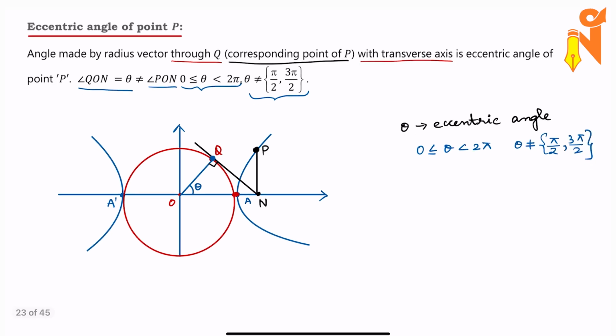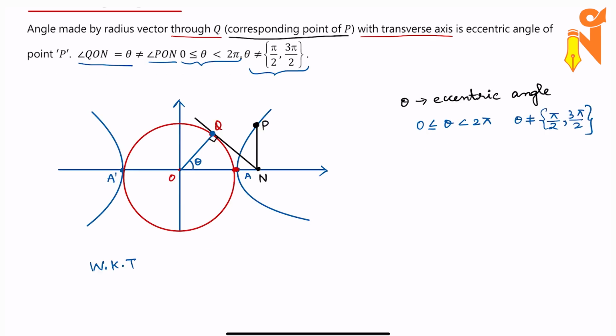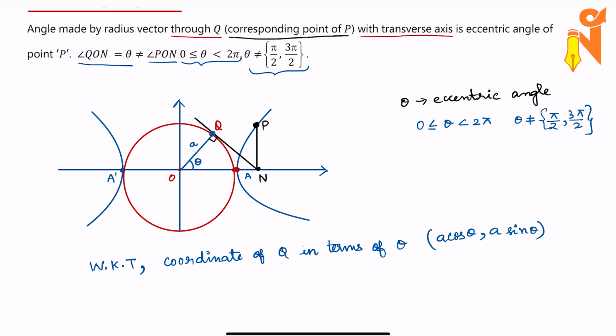Let us try to get the coordinates of P in terms of theta. We know the coordinates of Q in terms of theta; the radius is a. Since point Q lies on the circle, it will be a cos theta comma a sin theta, the parametric coordinates of a circle.